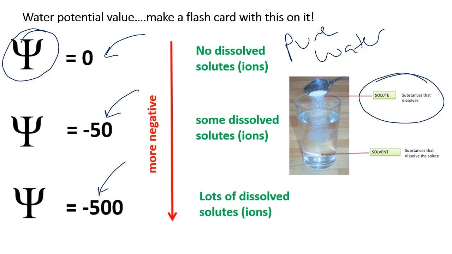So here, it's all the way down to -500. Now, the direction of osmosis is always down the water potential gradient. So here you can see that the water is going to move from an area of less to more negative water potential, and that's down the water potential gradient. So this is always the direction of osmosis.